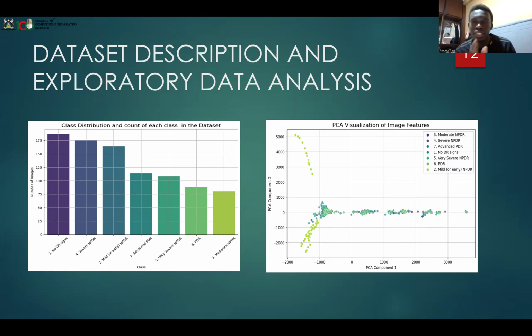So this is how our PCA visualization was after carrying out the adversarial learning.